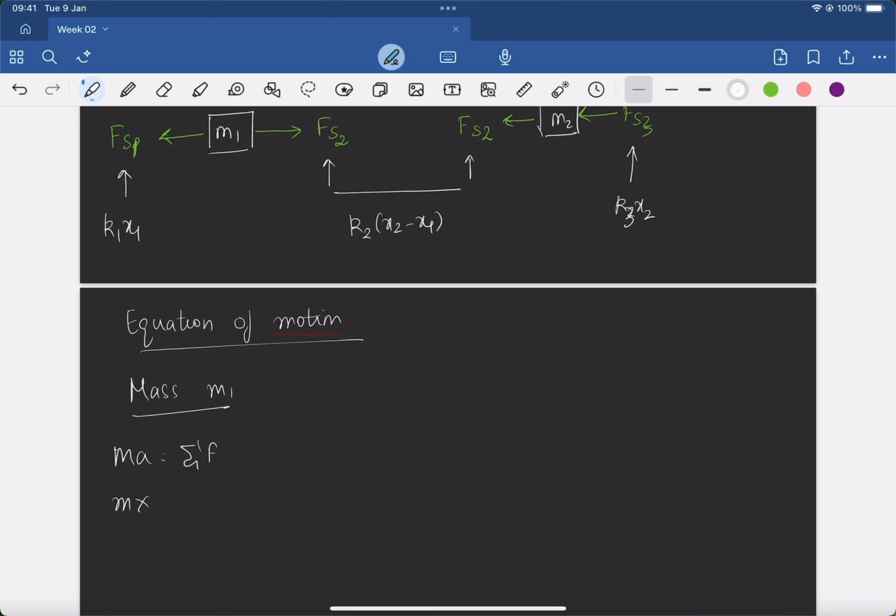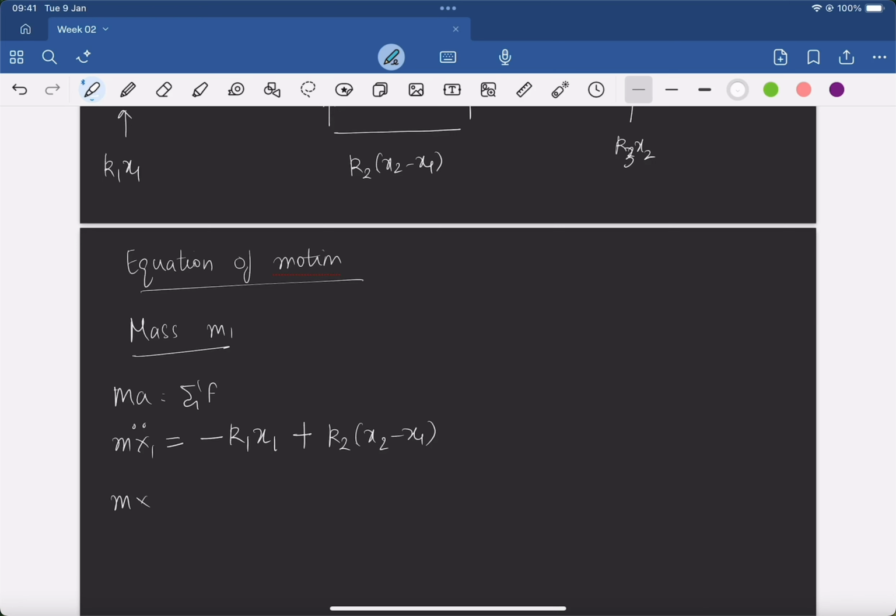So m1 into x1 double dot is nothing but: the force due to spring 1 is acting in the negative direction, minus k1 into x1, and the force due to spring 2 is acting in the positive direction, so k2 into x2 minus x1. If I simplify, I get m1 x1 double dot plus x1 into (k1 plus k2) minus k2 into x2 equal to 0.